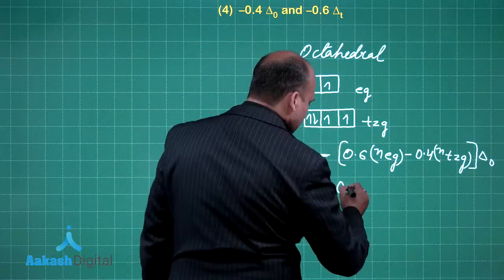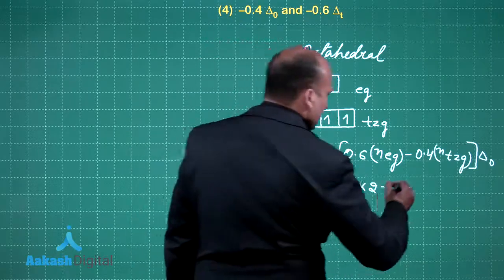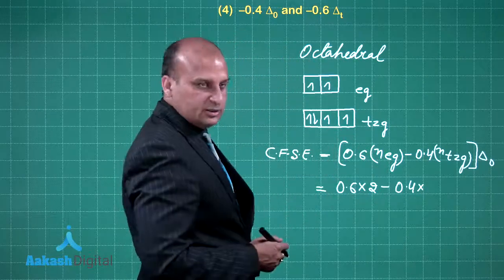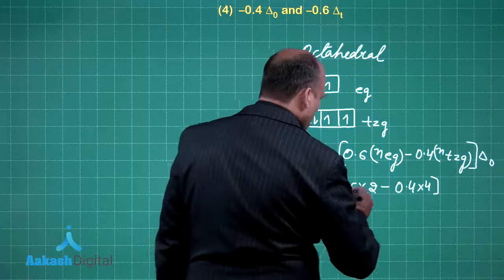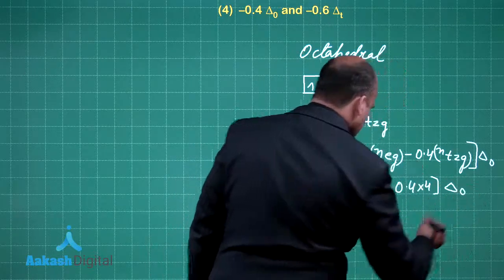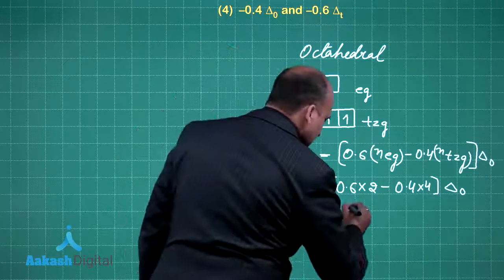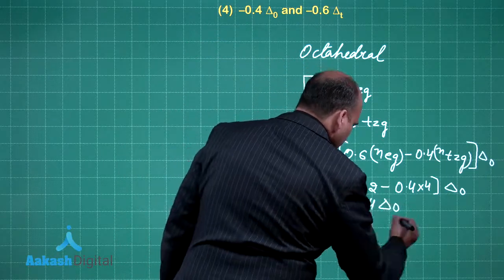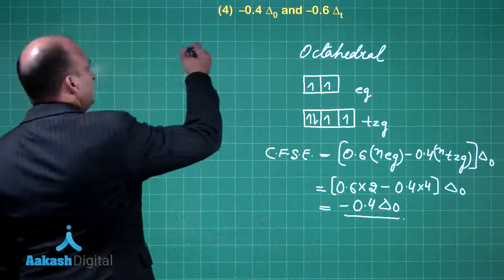So, it will be 0.6 into 2 minus 0.4 into the number of electrons in t2g, which is 4, delta O. So, how much are you going to get? You are going to get minus 0.4 delta O. Now, let us look at the tetrahedral field.